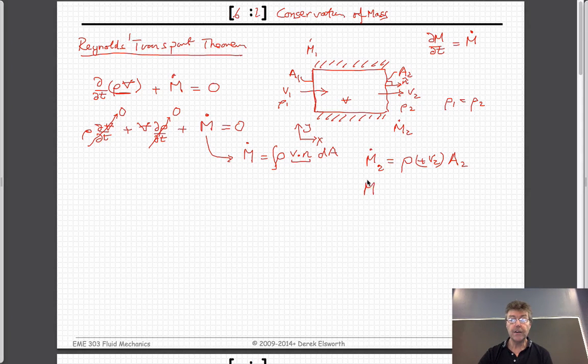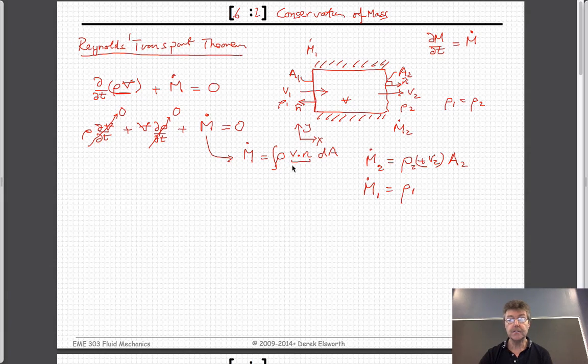The mass rate going in is kind of similar. We have a density going in, so I guess this is also rho 1. Density going in. What's the velocity? Well, the velocity is relative to the boundary. This is the normal to the boundary here.